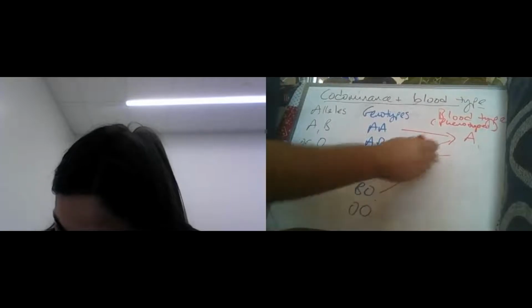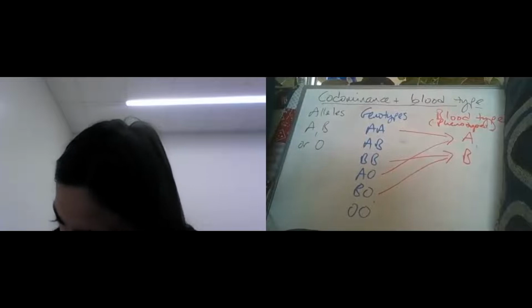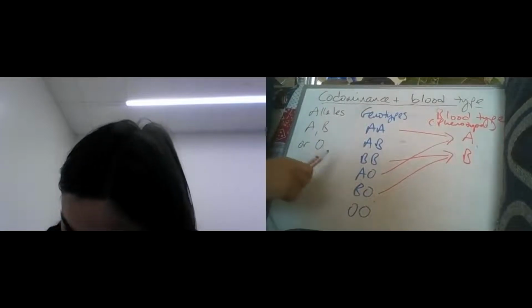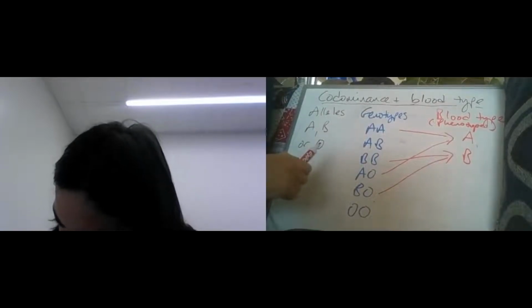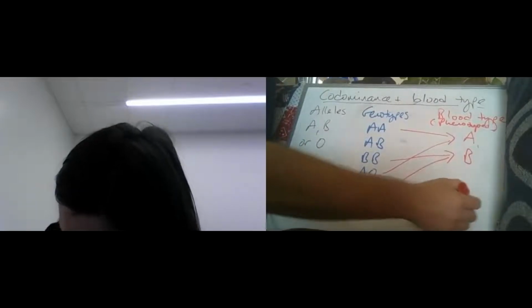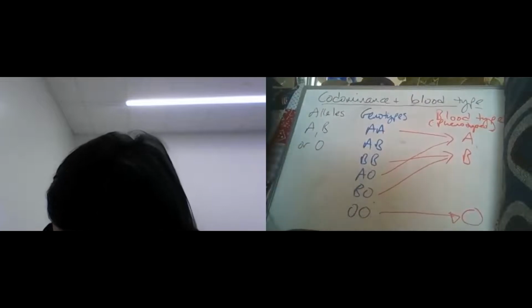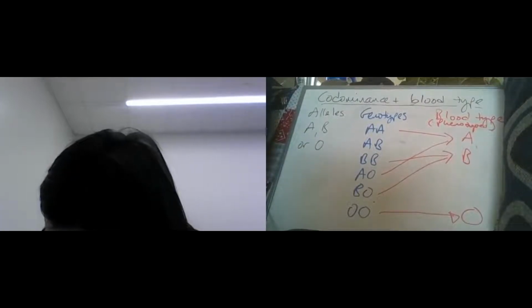Same goes for homozygous dominant B or a BO heterozygote, you'll be blood type B. And obviously if you're homozygous recessive O, then you'll be O. Simple as that.